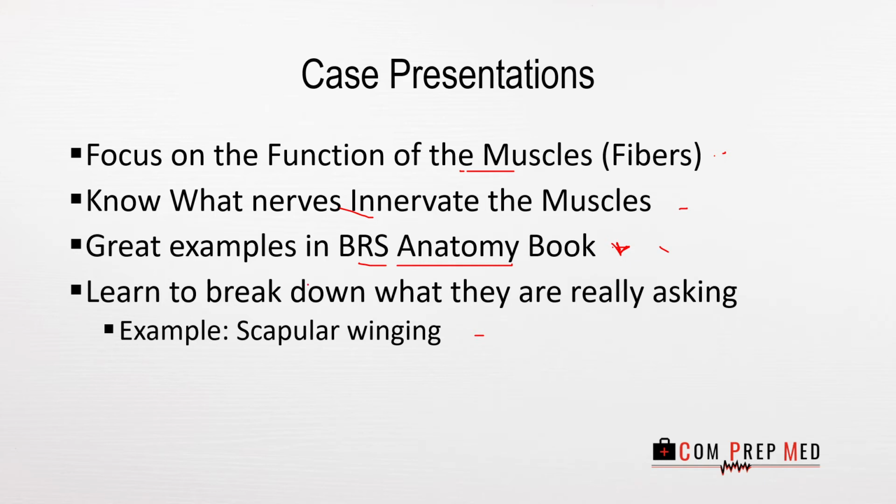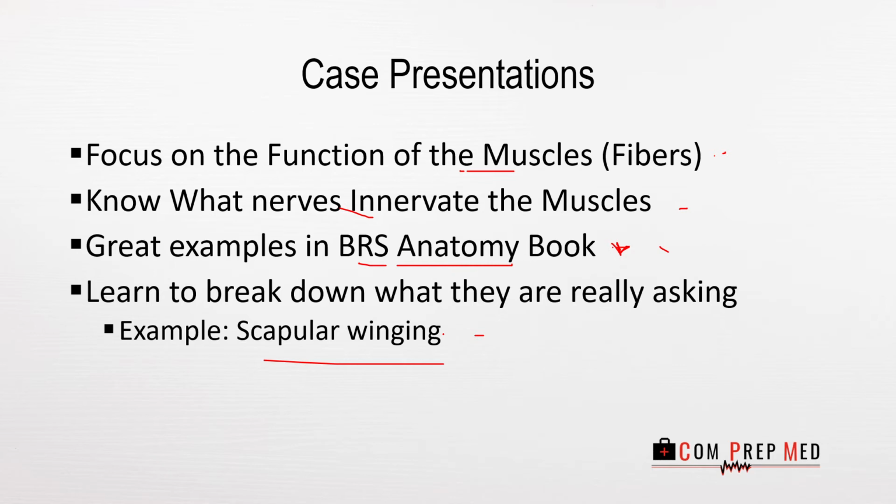A great example is scapular winging. This is a famous example. A lot of people like to ask it on their block exams, and it's a fantastic example because it goes through what we need to know.